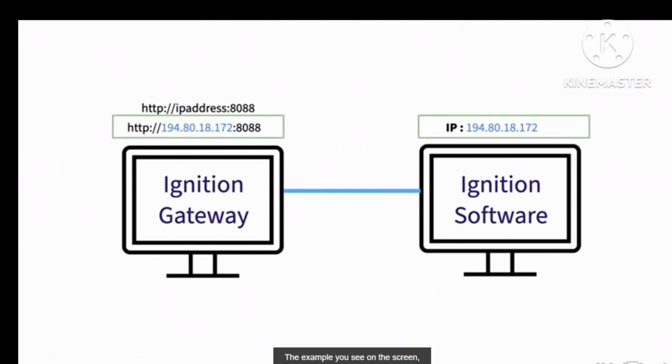In the example you see on the screen, if I want to use the computer on the left-hand side to access the Ignition software that is installed on the computer on the right-hand side, then I need to use the IP address of the Ignition software to access it from the Gateway.